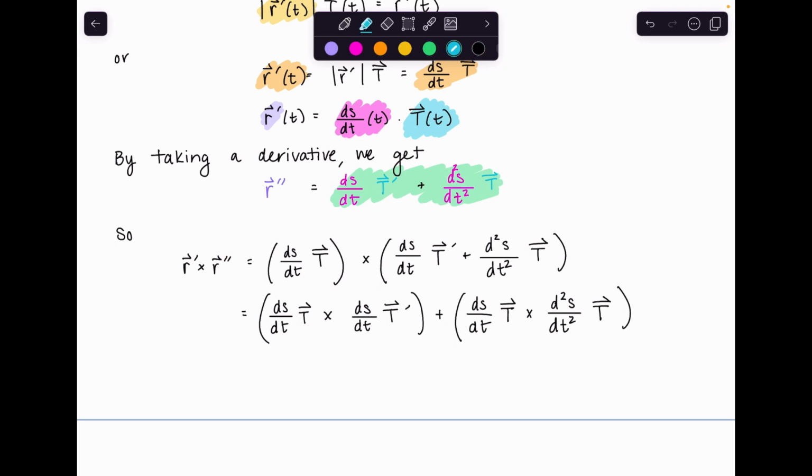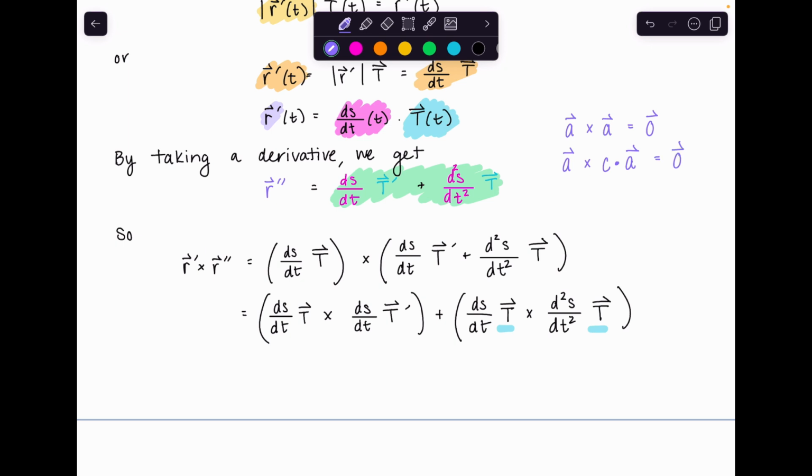The nice thing is that it is the same underlying vector. These are scalar functions outside, so you treat them like scalars. Remember, if you take a vector and cross product it with itself, it gives you the zero vector. If you multiply it by a scalar and cross product it with itself, that scalar multiple does nothing.